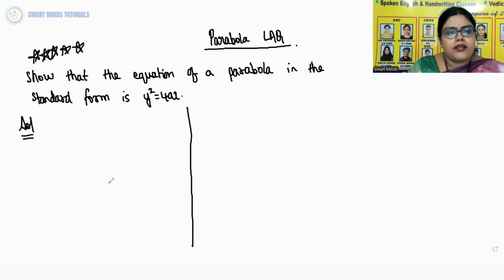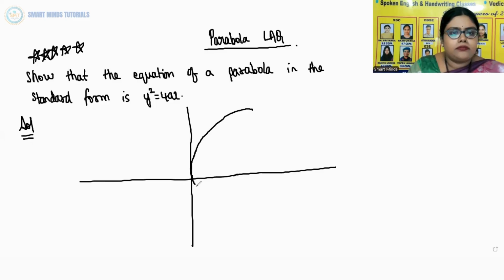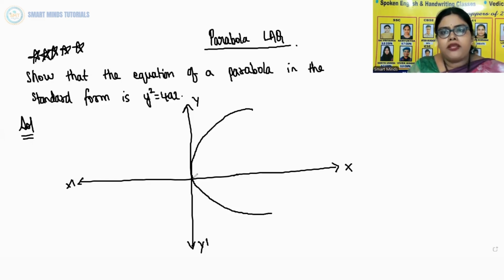So this is y-axis, this is x-axis. This is a parabola. This is x and this is x dash. This is y and this is y dash. The point where the parabola is touching the coordinate axis, that is vertex A. And we take a point P on the parabola and we drop a perpendicular.